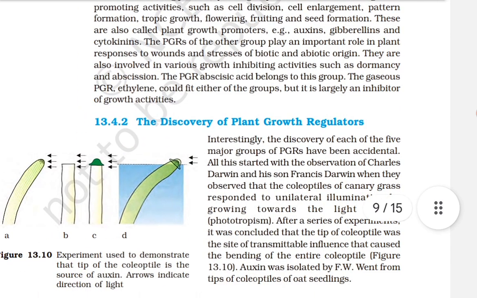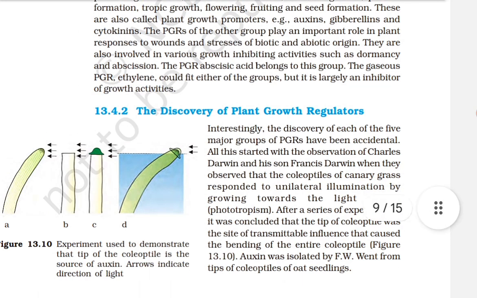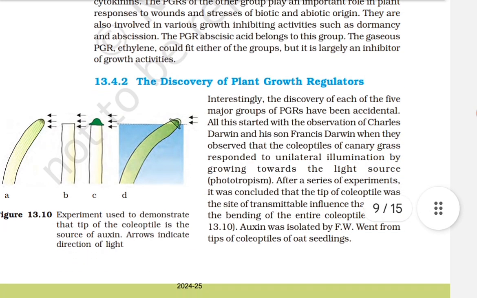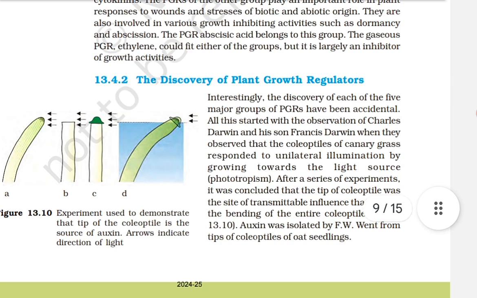Interestingly, the discovery of each of the 5 major groups of the plant growth regulators has been accidental. All this started with the observation of Charles Darwin and his son Francis Darwin when they observed that the coleoptiles of canary grass responded to unilateral illumination by growing towards the light source, that is phototropism.